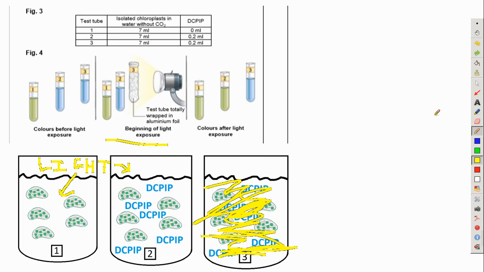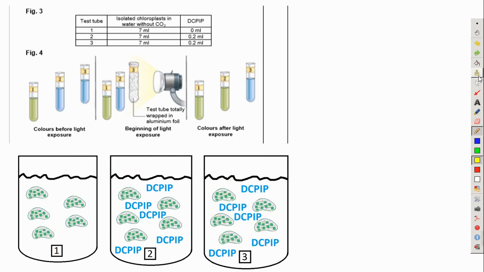Okay, and let's look at the results now. So tube 1, it's still green, so no change compared to the beginning of the experiment. Tube 2, this is interesting. Tube 2 went from a blue colour to a green colour.